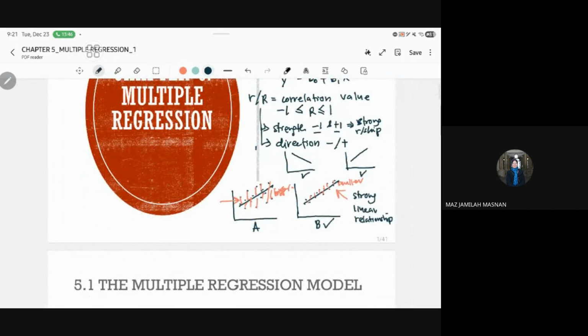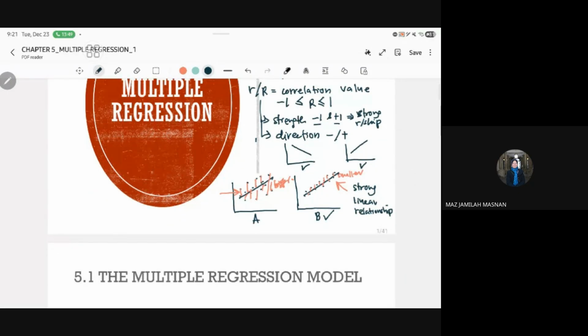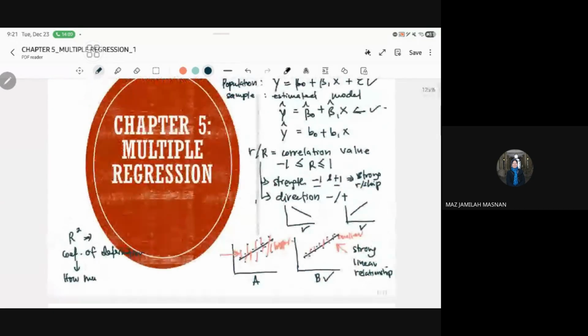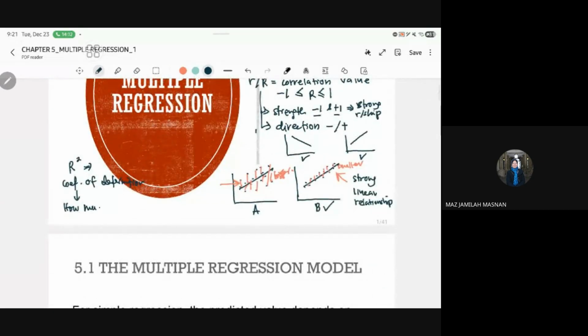And we also discussed the R squared, that is the coefficient of determination. So what is the coefficient of determination? How much X explains Y. That is the simple way you can describe the coefficient of determination.